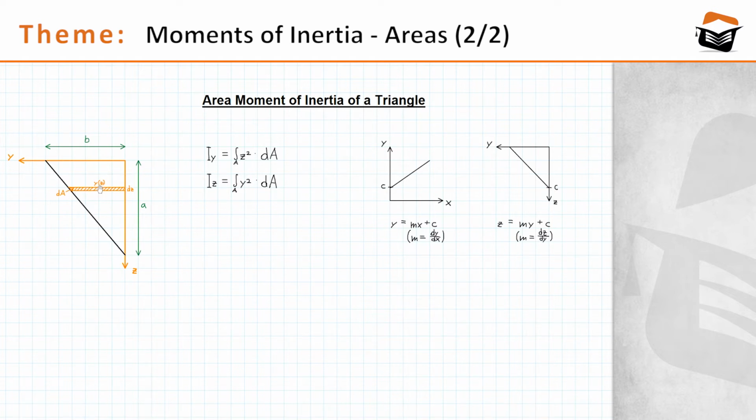Contrary to what we had with the rectangle, where the width was constant no matter what your z location was, with the triangle we have a situation where the width, or the y value, is dependent on the z location.